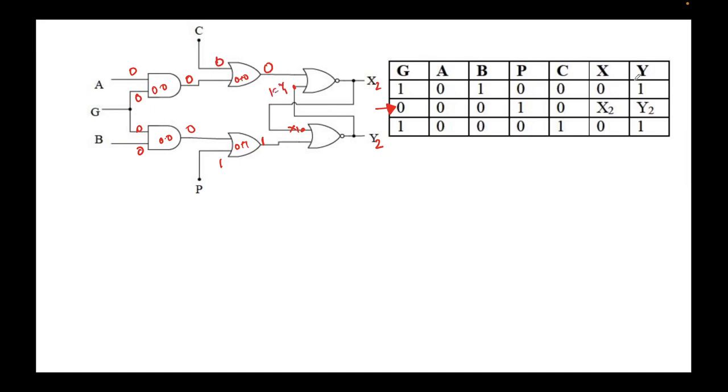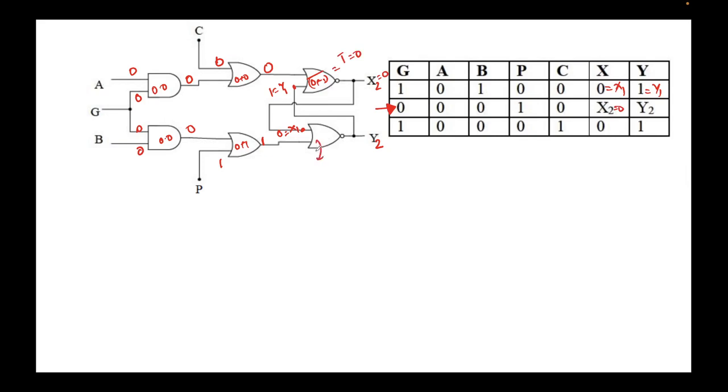Remember, this is y1 and this is x1. So the value of x1 here is 0. So what we'll get here is 0 plus 1 whole bar, which is equal to 1 bar, which is equal to 0. So you'll get x2 equal to 0.